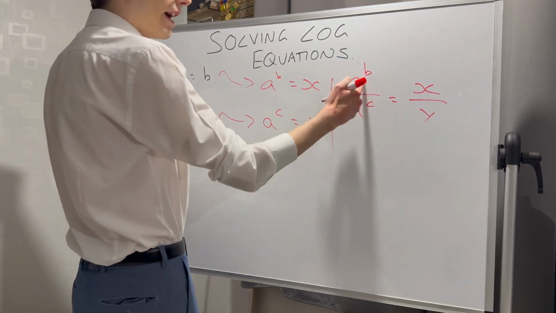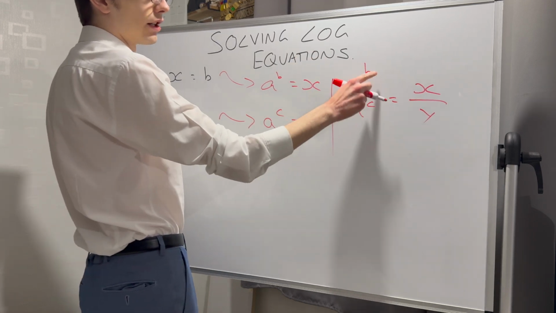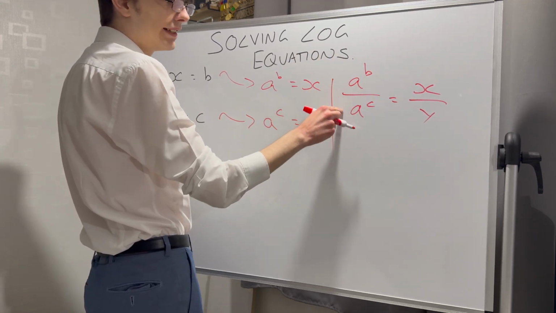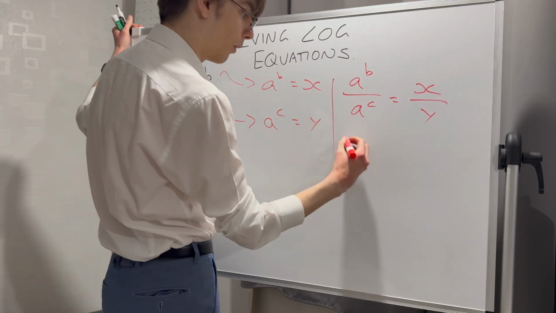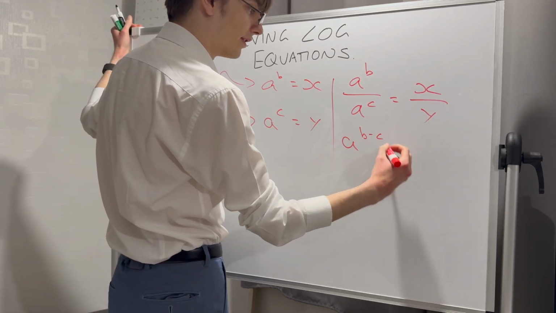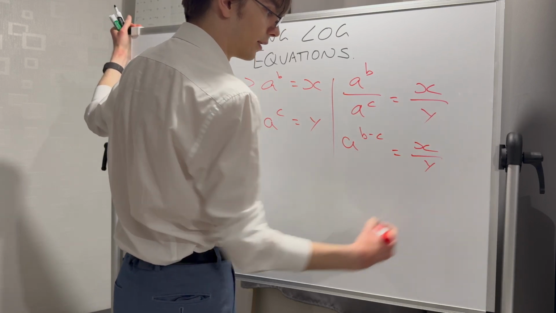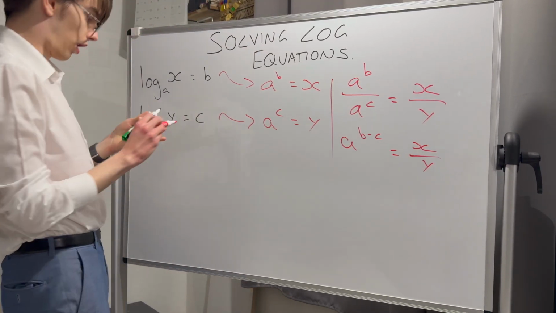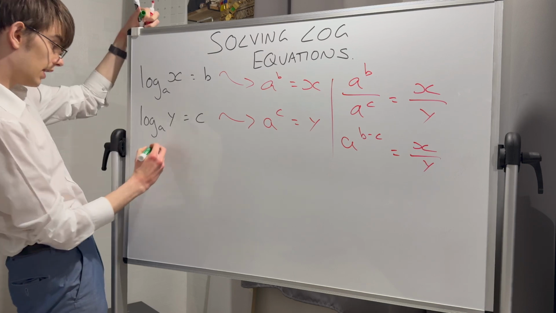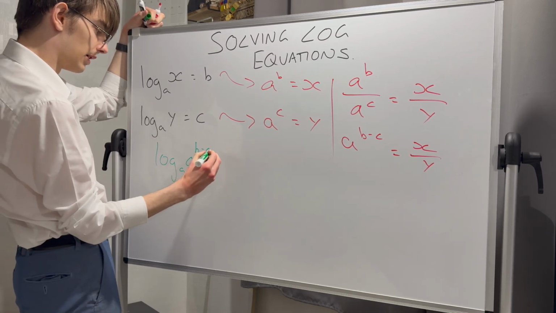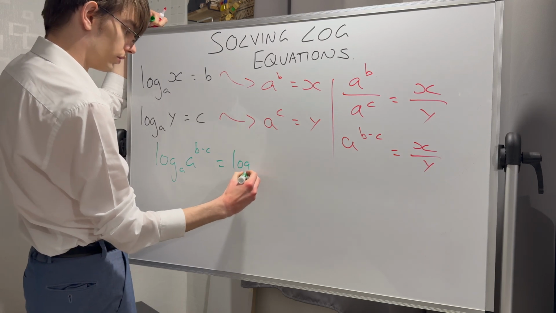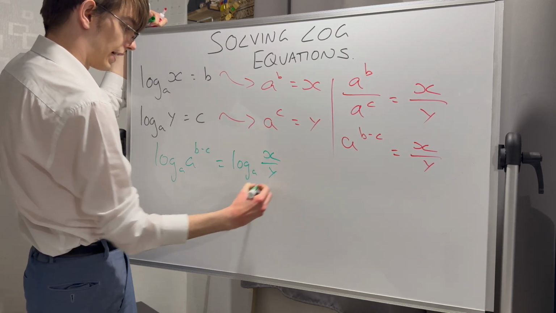Because these have the same bases, instead of adding the powers, I'm dividing so I can take them away. This is a to the b minus c equals x over y. Apply logs to both sides. Log a to the b minus c equals log a x over y.